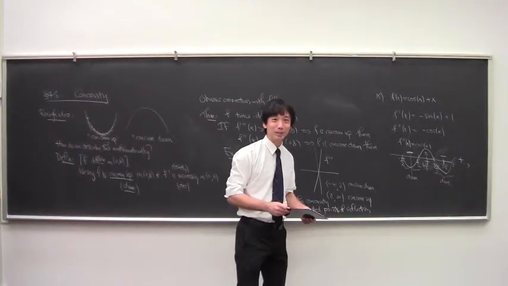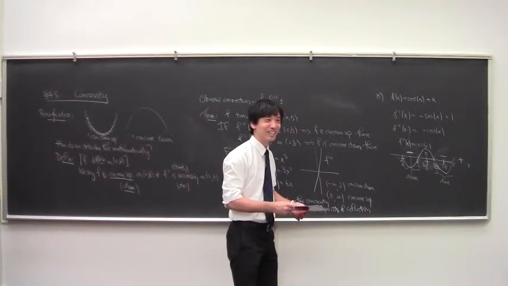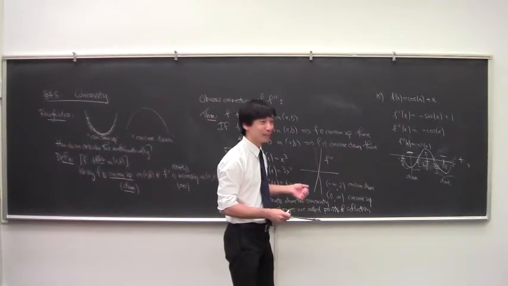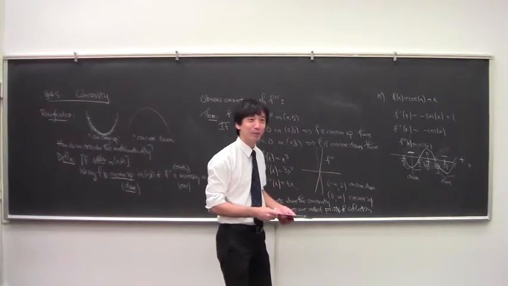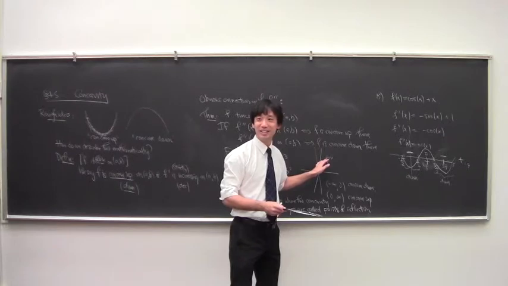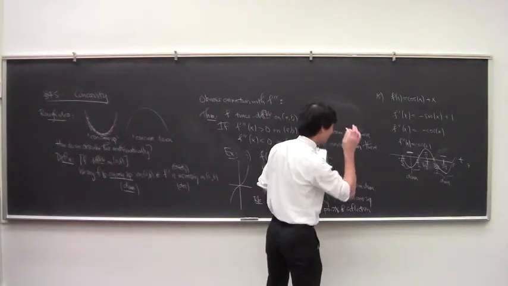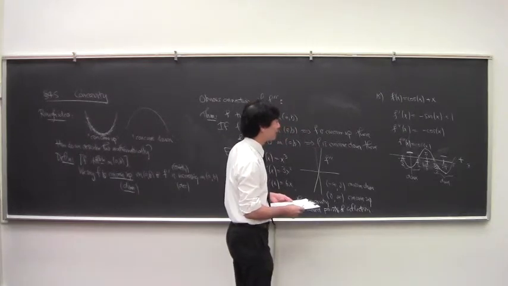Okay, let's have a race. Whoever comes up with the right answer first, including myself, can get a point on the final, or half a point on the final. Okay, who can come up with it? It should be easy, right?